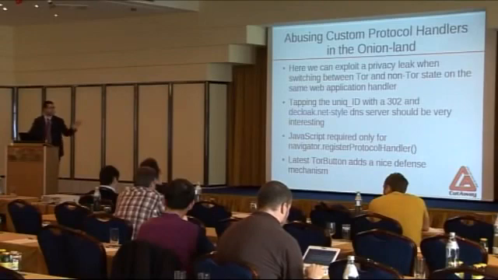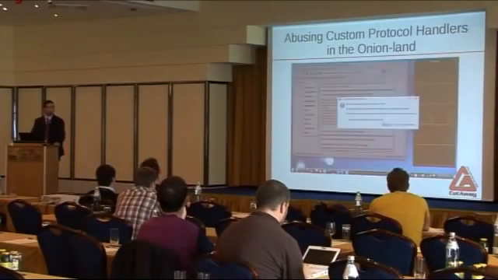However, Torbutton does not block this kind of function because the end user has to accept to use the new protocol handler. It's not automatic. There will be a warning on top of your Firefox which says, hey, do you want to use this custom protocol handler? Yes, no. And the latest version of Torbutton adds a nice defense mechanism, which is this.